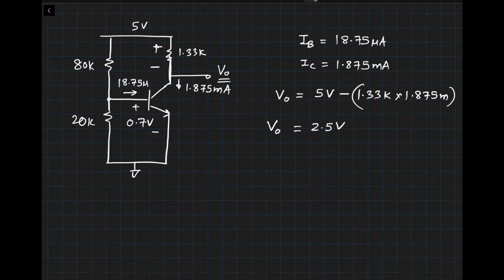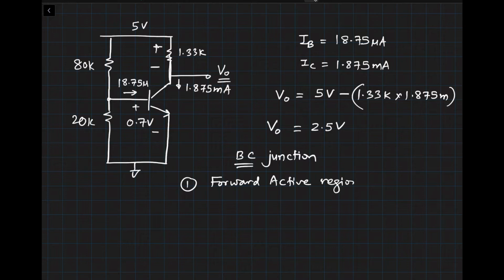Now we have to verify what is the status of the base to collector junction. Why are we doing that? Since we assumed in the beginning that the transistor was forward active, and the rule for forward active region is that the base to emitter junction is forward biased and the base to collector junction is reverse biased.